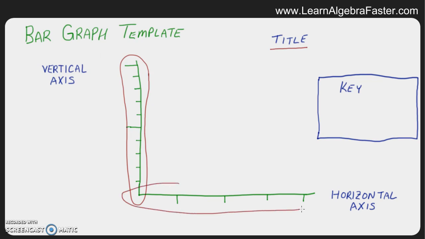This horizontal axis has to be there for every bar graph. And of course, you must have a key to understand what you're working on. So when you build a template for bar graphs, it's easy to draw different bar graphs, make comparisons, and make easy changes. So I hope that was helpful.